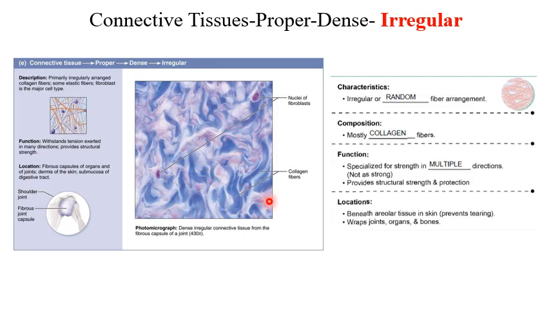Since it doesn't have that uniform parallel fiber arrangement that is important for one direction, it protects in all types of directions. So it's really important to absorb shock or avoid injury in all directions. And of course, since it does not have that parallel fiber arrangement, it is not as strong as dense regular connective tissue.